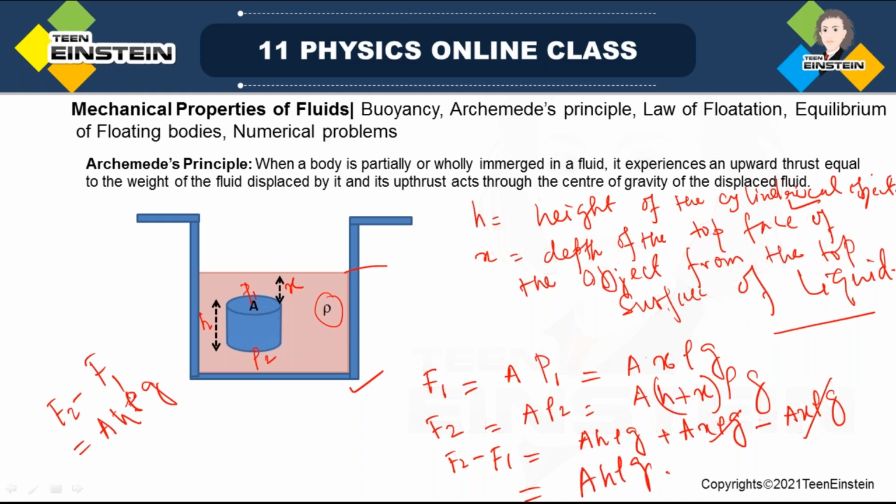You get AH rho G. Look, what is A? A is the area of this cylindrical object. What is H? H is the height of the cylindrical object. So area and height give the volume of the cylindrical object. So the volume of the cylindrical object is A into H.